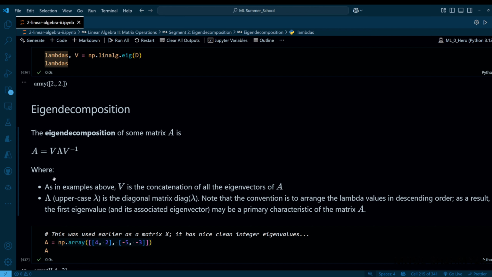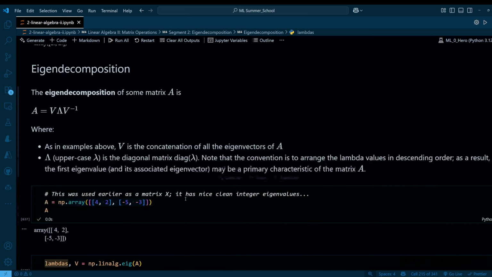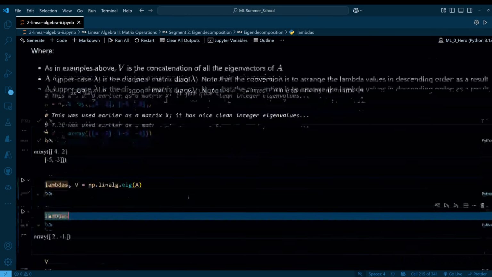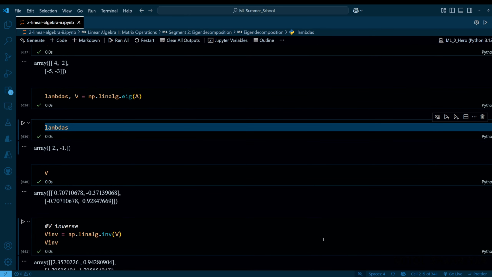So the point is, using the NumPy method, we can easily get v and uppercase lambda. As we know v, we can easily get the inverse of the matrix. Then if we multiply them, we get back a. Now you can say, why are you doing all these things? This will make sense once we go for much more stuff. So let's go back to our slides and we'll talk about it right now.